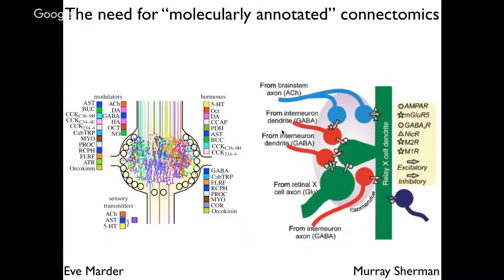It has more modulators than it has neurons in the circuit, and it's interesting to think about whether that will also be true for other circuits, or at least the complexity might not have gone down much as you go up into something like cortex of a mammal.